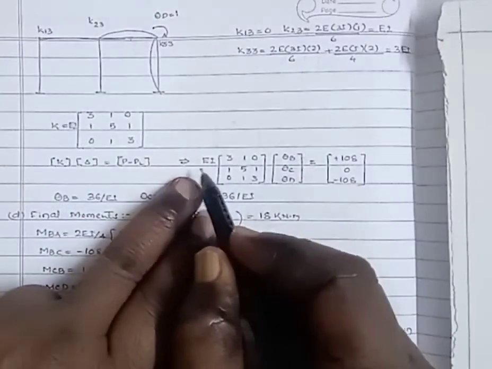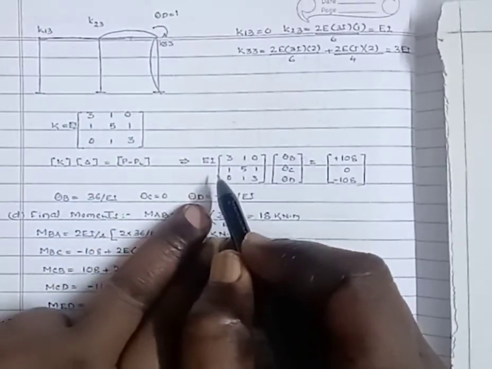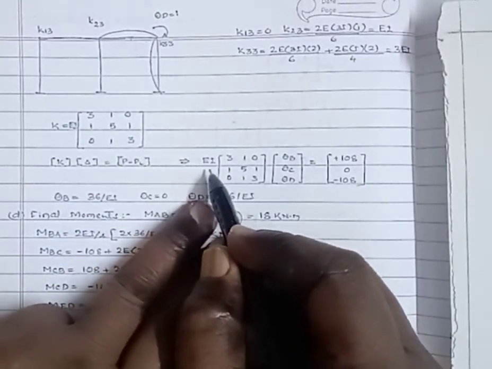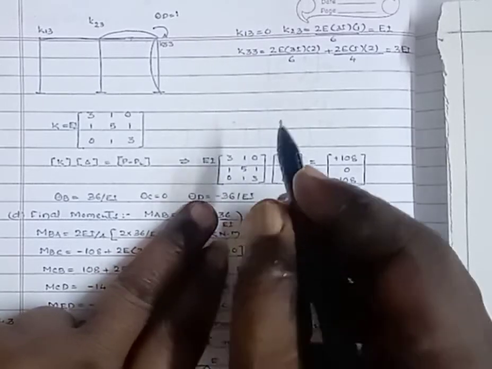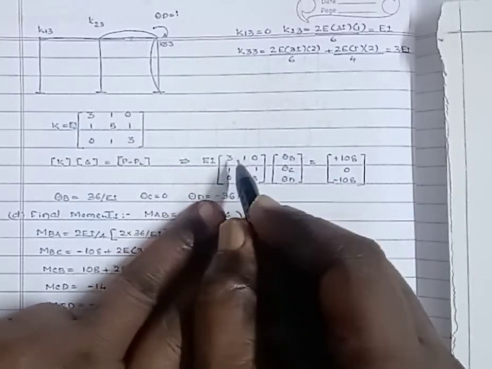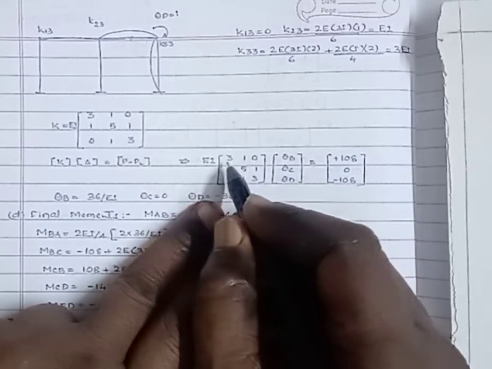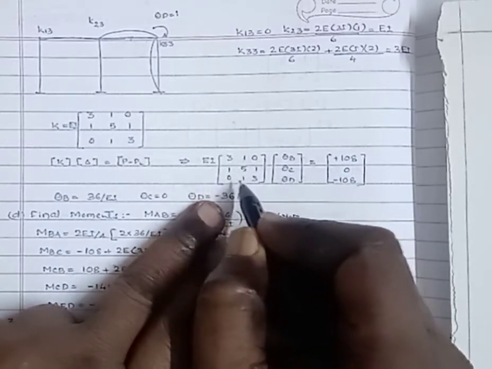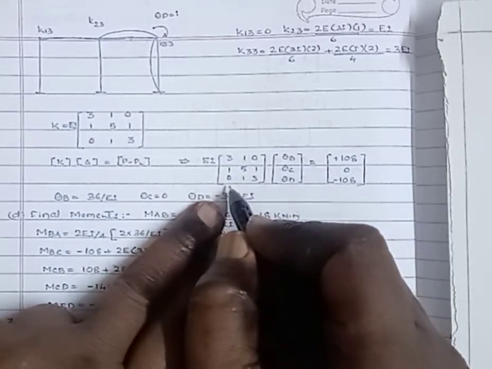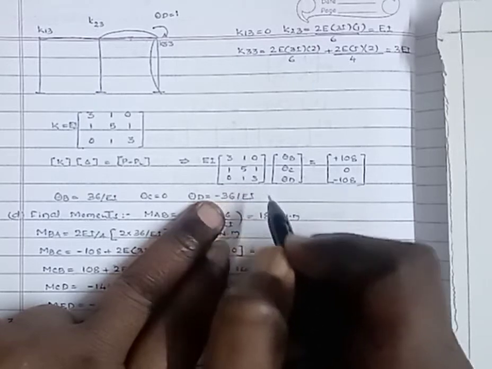Then by substituting the values, the flexural rigidity EI is common. This one is the stiffness matrix: 3, 1, 0 in the first row, 1, 5, 1 in the second row, 0, 1, 3 in the third row.